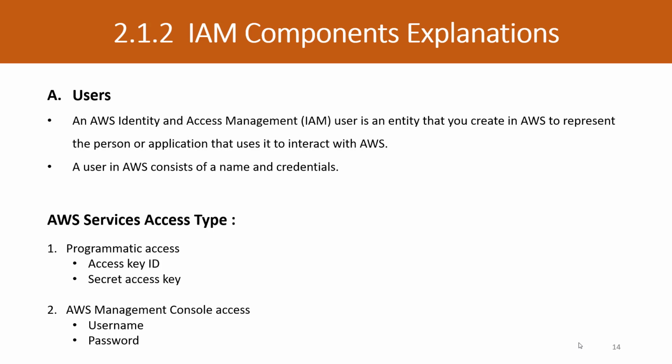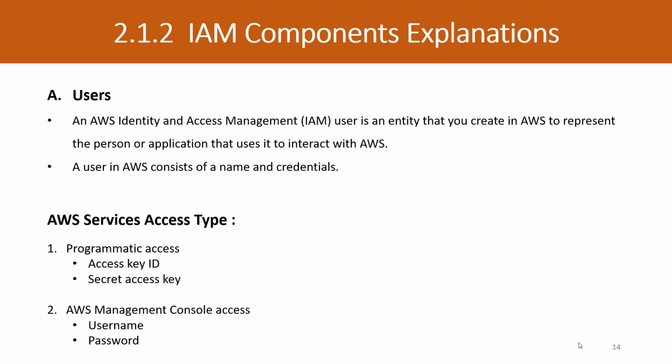So basically, a user is an identity which is used to access AWS services. Second, a user consists of a name and credentials. If you create a user, you need a username as well as credentials to access the AWS services.